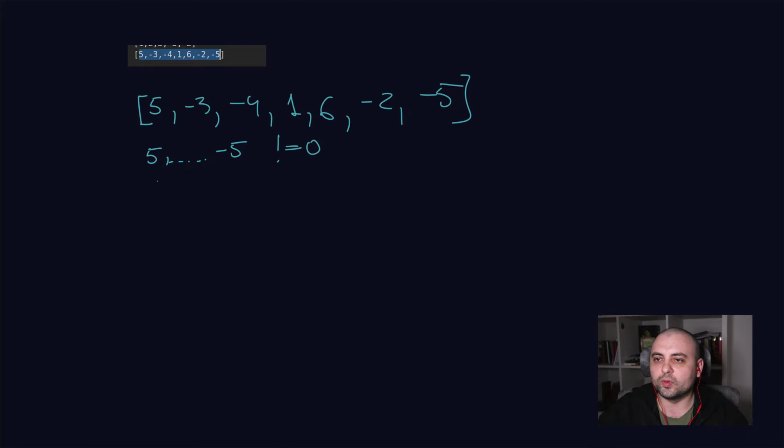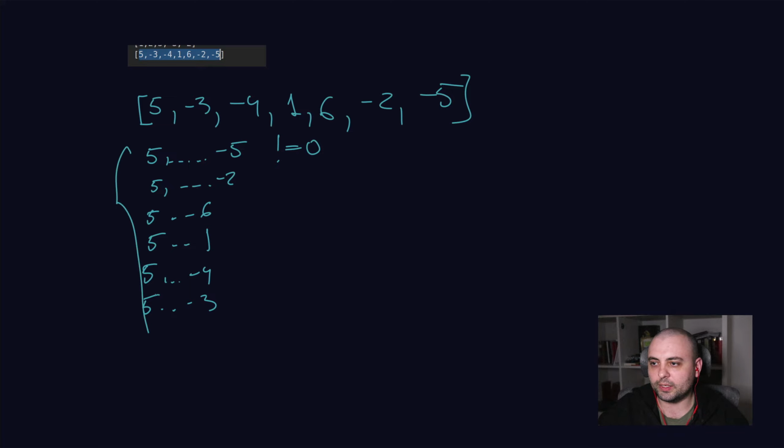Then I'll move on to 5 till minus 2, then 5 till 6, then 5 till 1, then 5 till minus 4, and then 5 till minus 3. So we are done with 5 in this case.